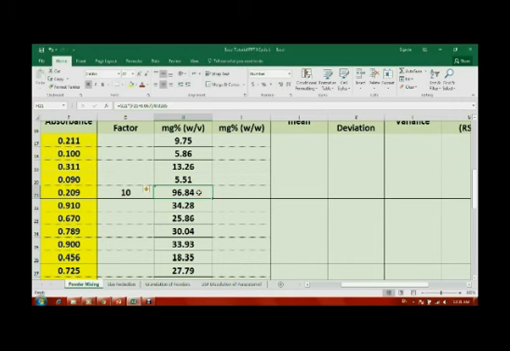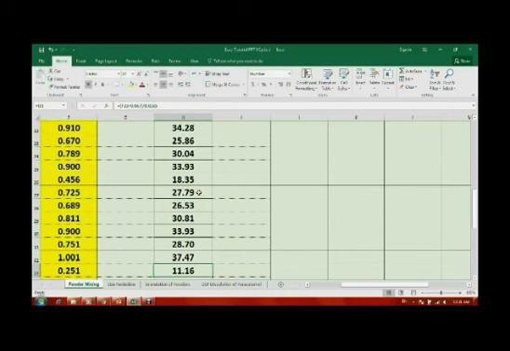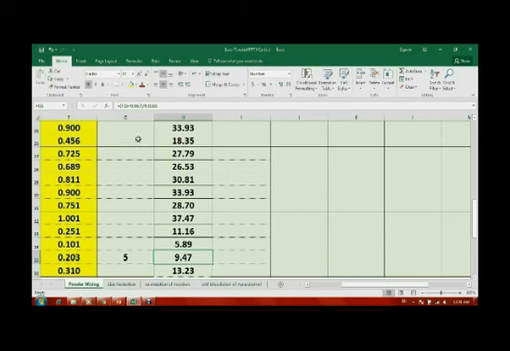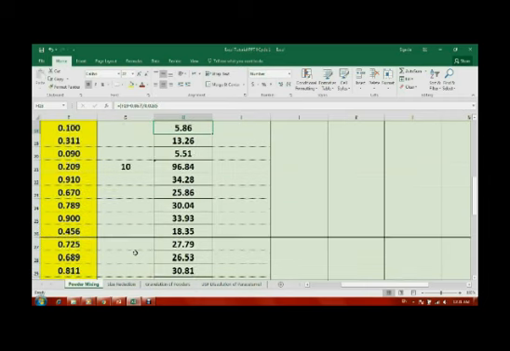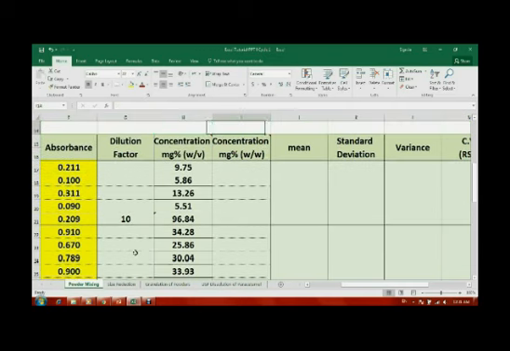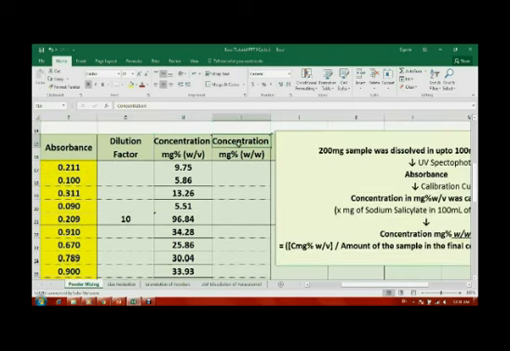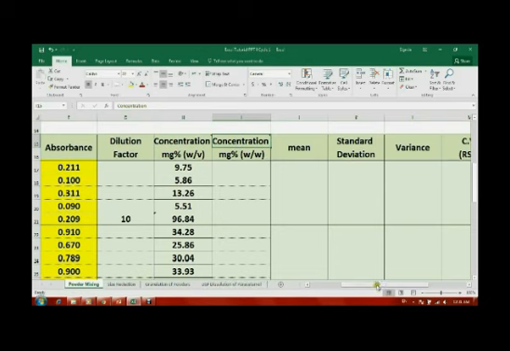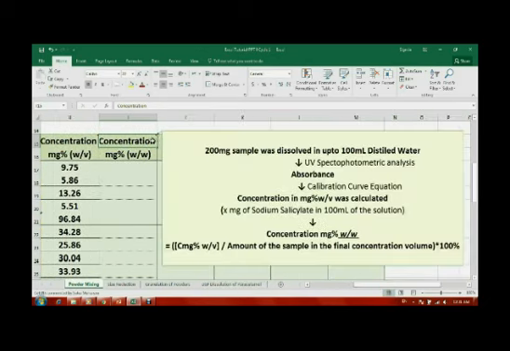Now, we need to calculate the concentration milligram percent weight per weight. Remember, 200 milligram sample was dissolved in up to 100 ml distilled water, which has been analyzed using UV spectrophotometric analysis, and the absorbance was measured. The absorbance was used to calculate concentration in milligram percent weight per volume using the calibration curve equation.